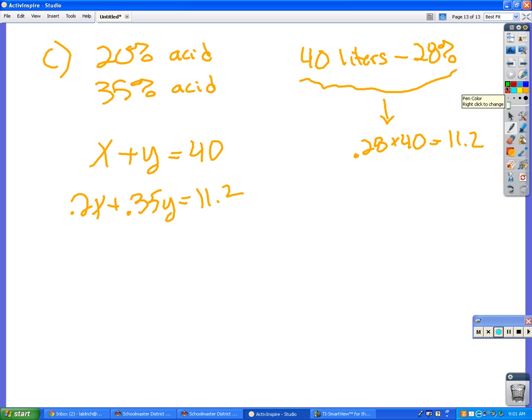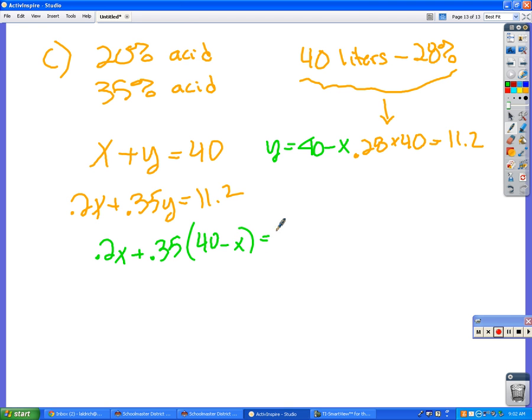Okay, solve for x or for y, you want to go for y? Yeah. Okay. So y equals 40 minus x. So now I'm going to just take that and plug it in for the y here. Distribute. 0.35 times 40 is 14.